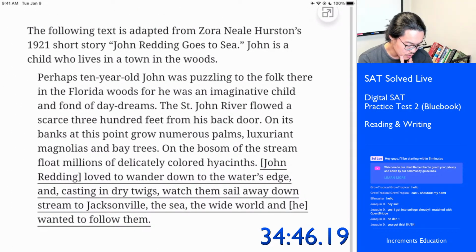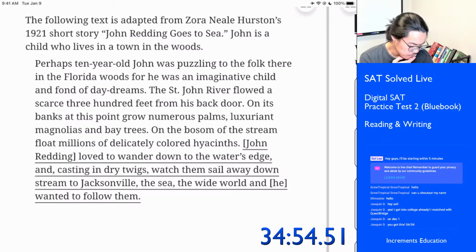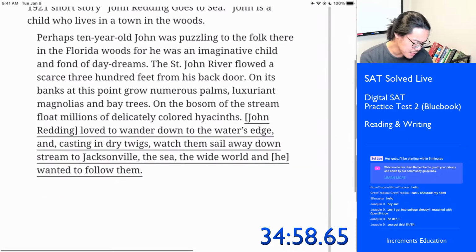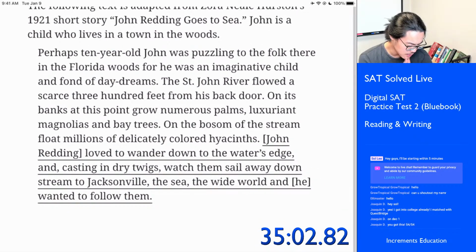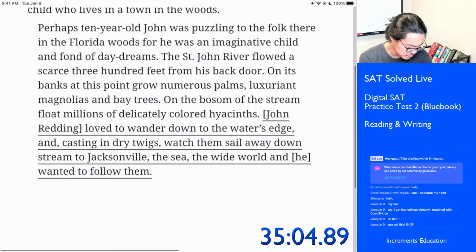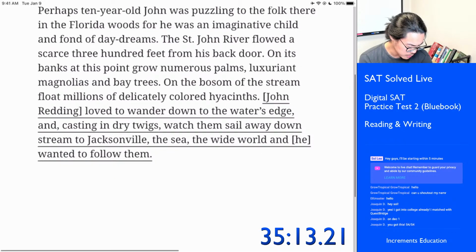Anyway, John Redding goes to sea. He's a child. All right, and the question is the function of the underlined sentence. All right, let's read. He's puzzling to the Florida. He's an imaginative kind of, head in the clouds kind of kid. The river flowed very close to him. There's these magnolia trees.